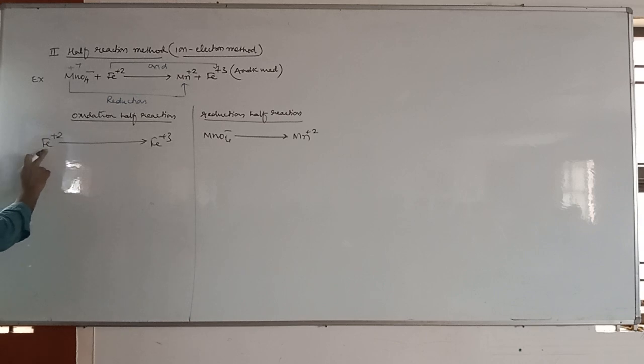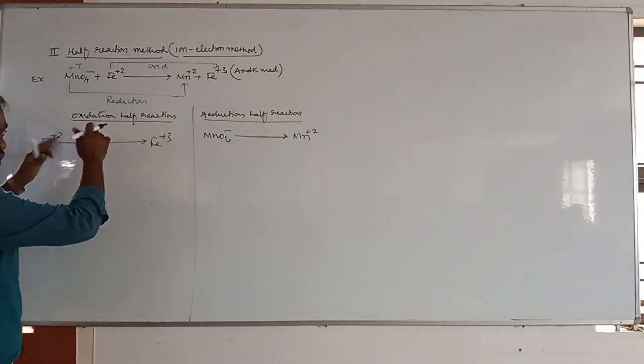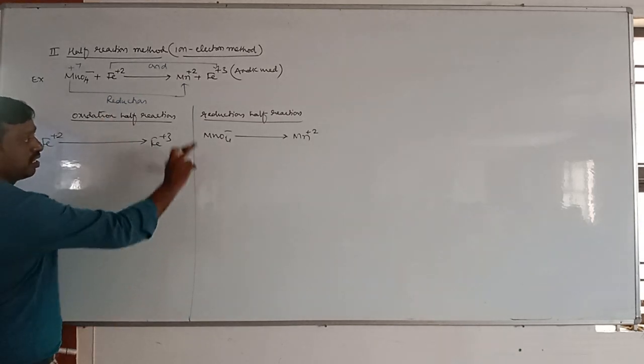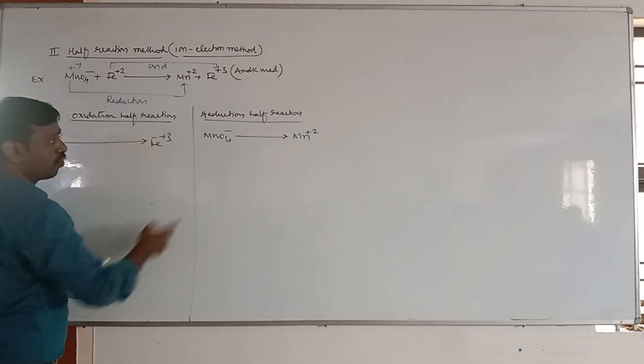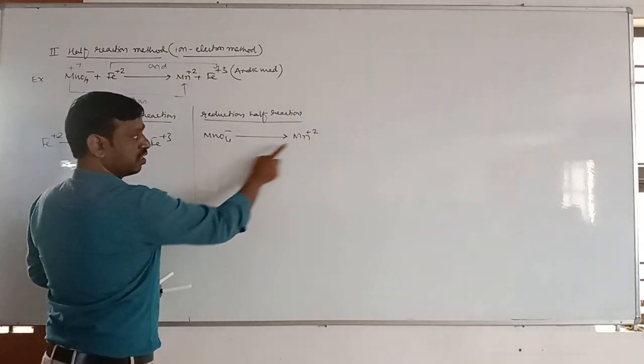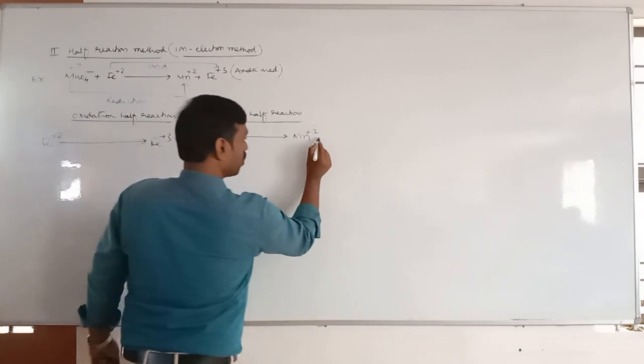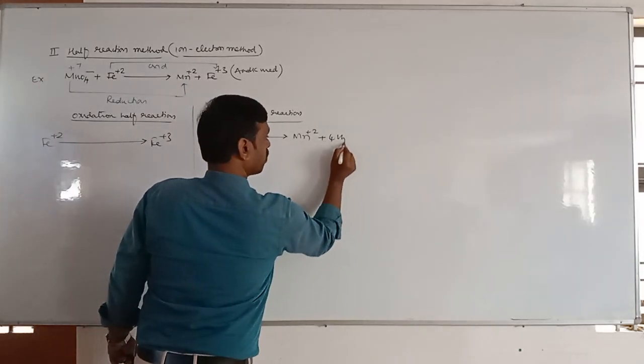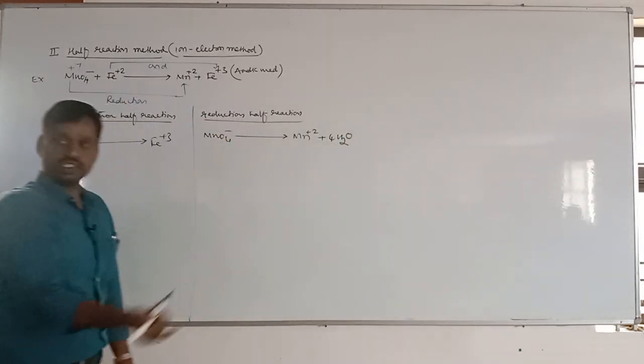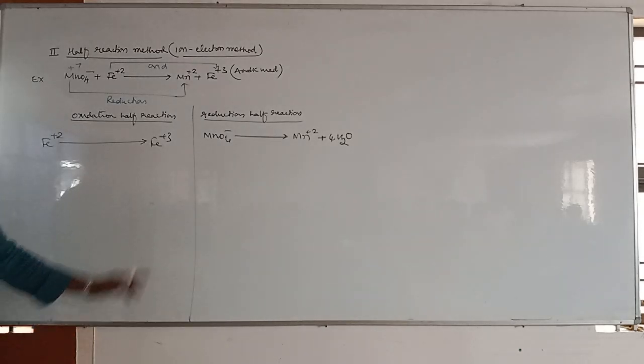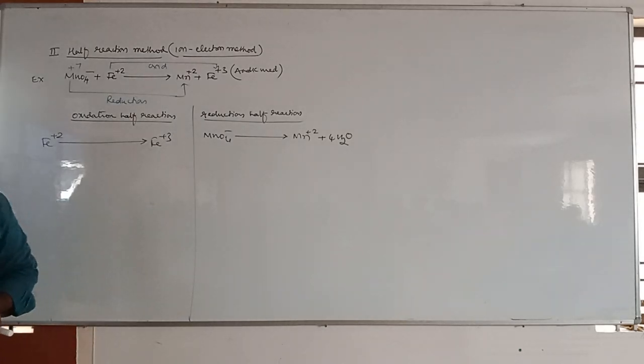Here no oxygen, here no oxygen, so it is already balanced. Now MnO4 minus has 4 oxygen and the other side has none, so what to do? Add 4 water molecules to the side of deficiency. Now oxygen is balanced.